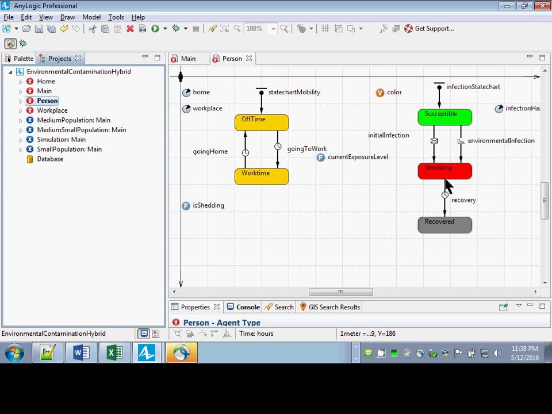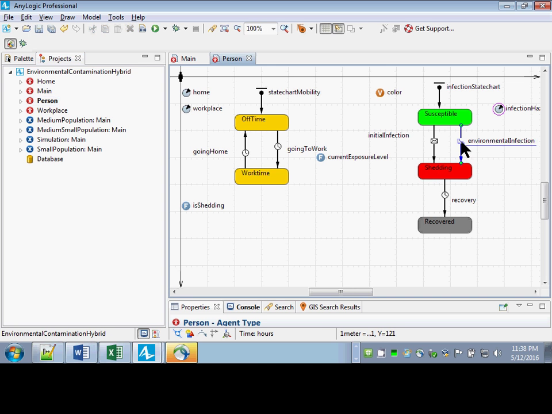They're susceptible, they're shedding, or they're recovered. And you'll note that they can get infected, ladies and gentlemen, via the environment, through its exposure to the environment. They also have a state chart that takes them between work and home, throughout the day, okay, and across days.